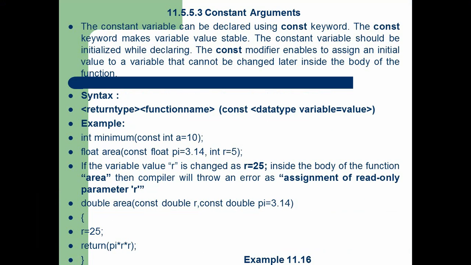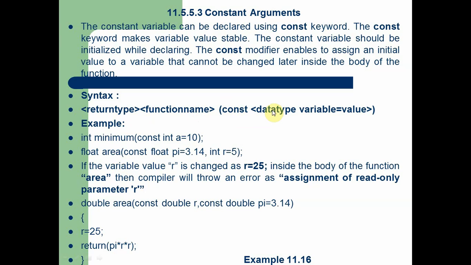Next one is constant argument. A constant variable which is declared in any argument is called a constant argument. We can convert any variable, any argument into a constant by simply adding the const word as a prefix to that argument. For example, in the syntax you can see return data type, function name.